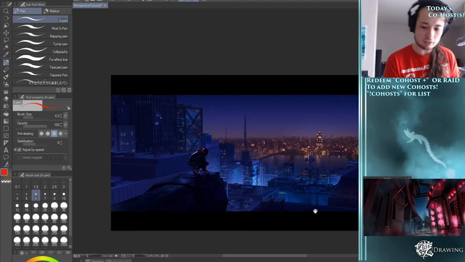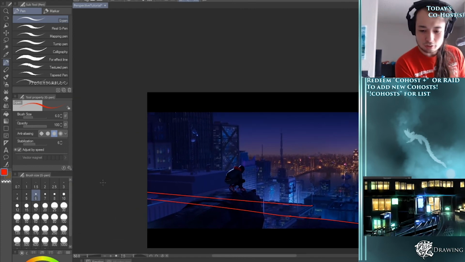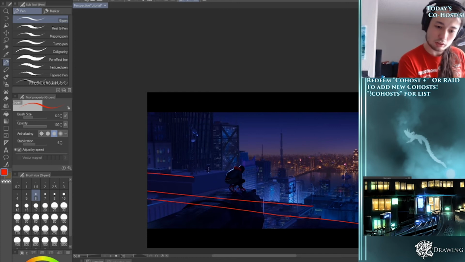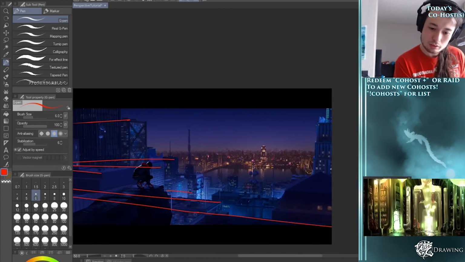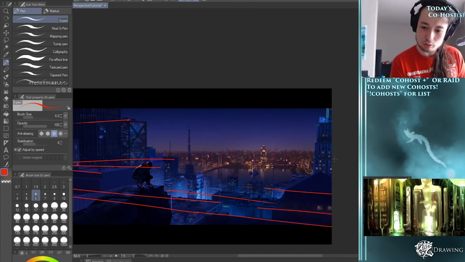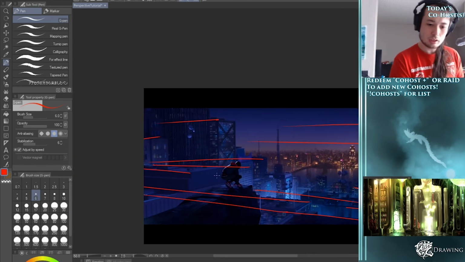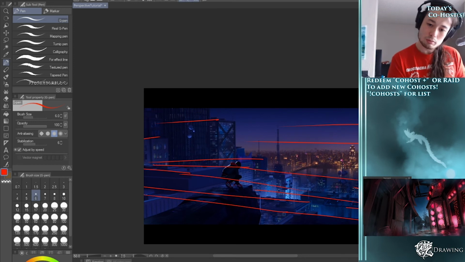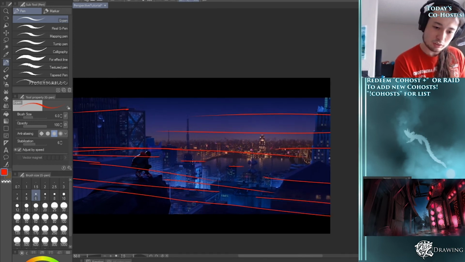Do those lines converge? Well, this line goes up here, this line goes up here, this line goes down there. These lines we can't see. These are definitely at angles. Here, here, here. It's very subtle, but I'm pretty sure this is actually a 2 point perspective, because these lines are definitely not horizontal.